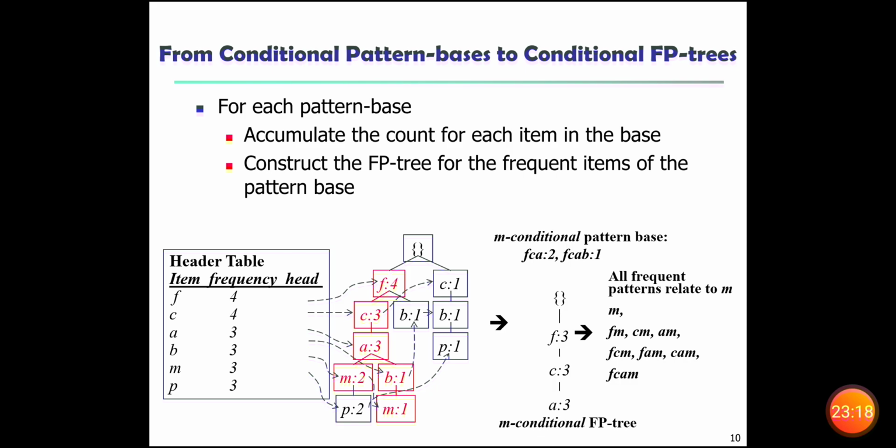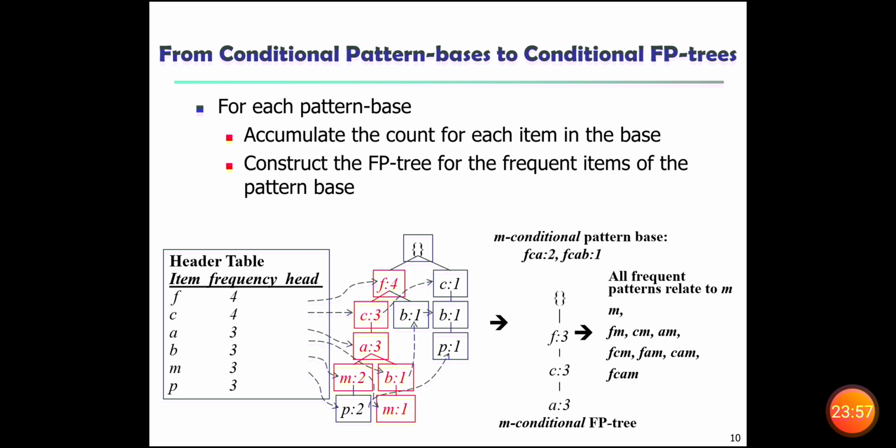The same way, on the other side, the nodes connected with M are FCAB, and for FCAB the support count is 1. That is given on the right side. You take only the red colored nodes, by which you can understand how it comes. So the M conditional pattern base is FCA with 2 and FCAB with support count 1.